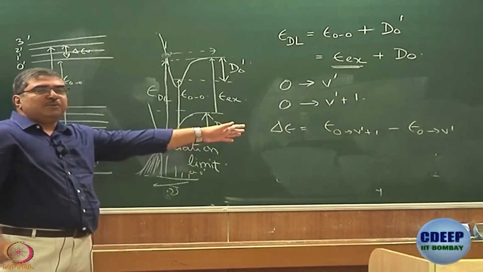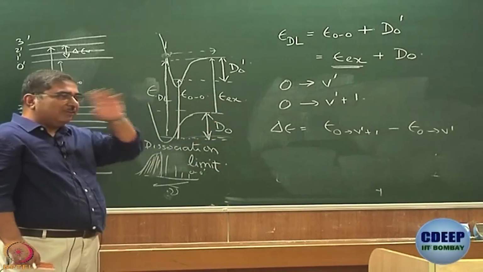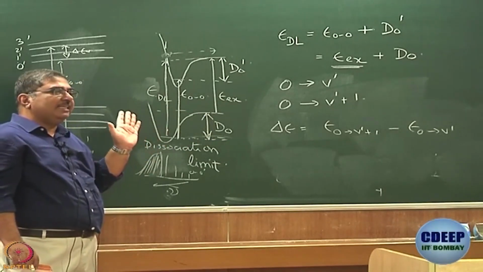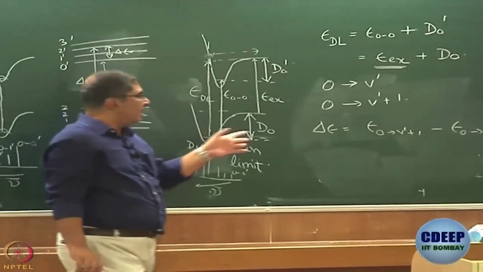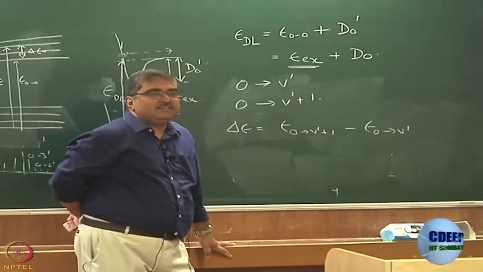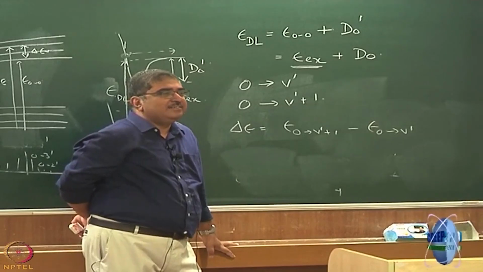So, essentially this is what I want to work out. Can you tell me what is the expression for delta epsilon? I want to work out the expression for epsilon 0 to v dash plus 1 minus epsilon 0 to v dash. What do I get there?